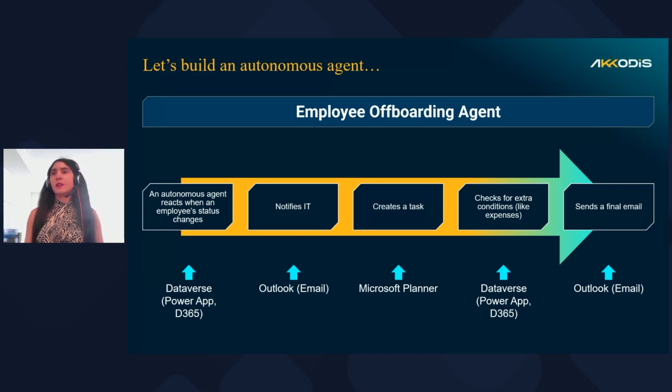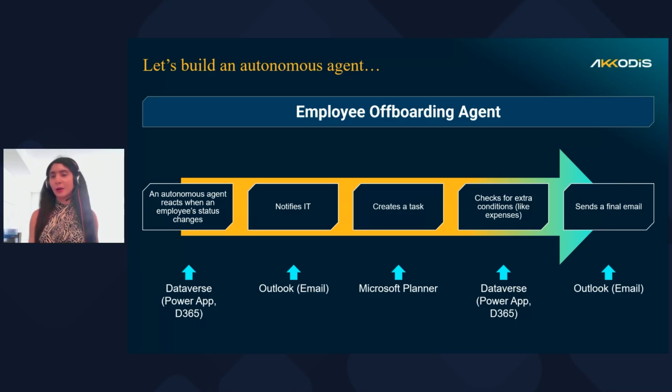Once that's done, maybe it looks for extra conditions it needs to monitor for. Did that employee have any outstanding expenses the accounts team needs to know about? Anything else that might be a concern before they get offboarded? And then after that, we can get the agent to send an email out to the employee.